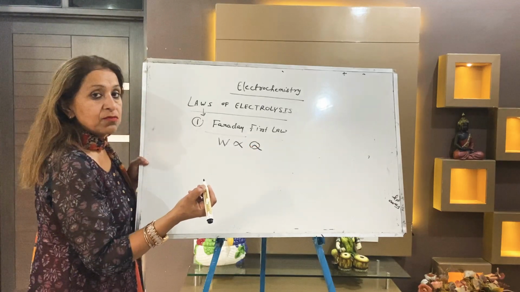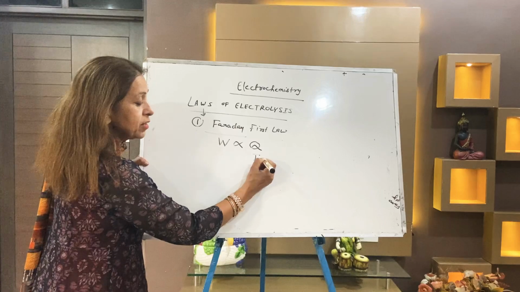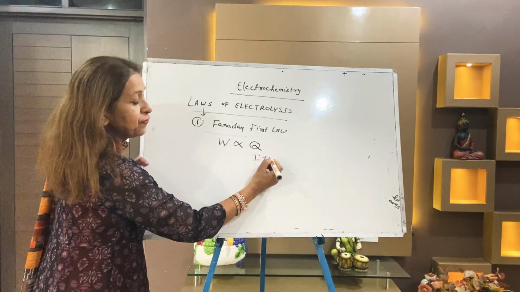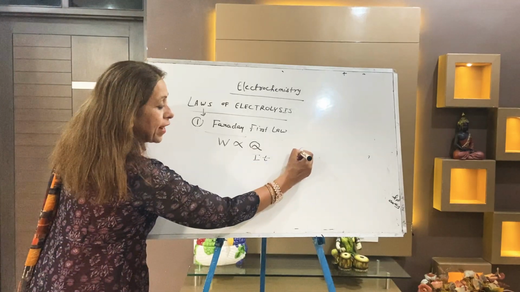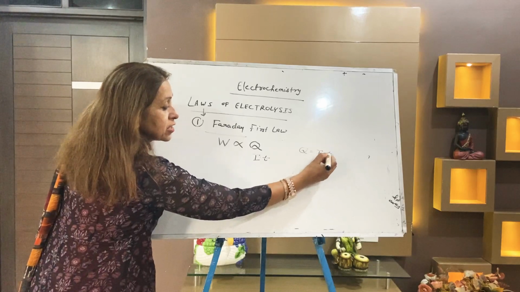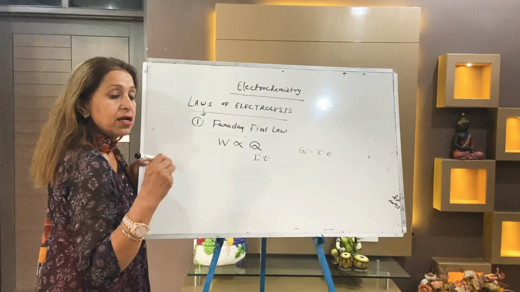Quantity of the charge means for how much time you are passing the current. It's I for current and T for time in seconds. So Q is equal to I into T. Q is the charge, I is the current, and T is the time.